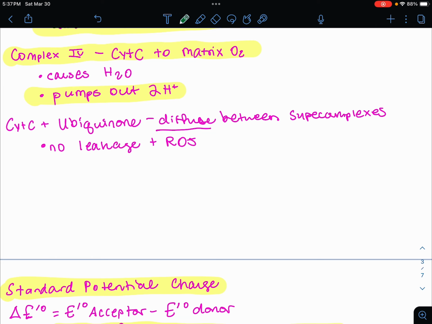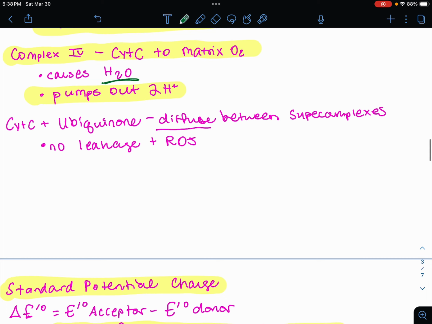Complex 4 will be cytochrome C to the matrix's O2. Remember, oxygen is that last carrier of the electrons. This is going to form water. So complex 4 also pumps out 2 hydrogens. The overall reaction will be cytochrome C plus ubiquinone, and that's going to diffuse between the supercomplexes.